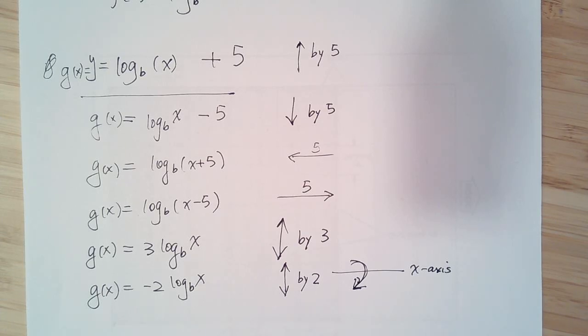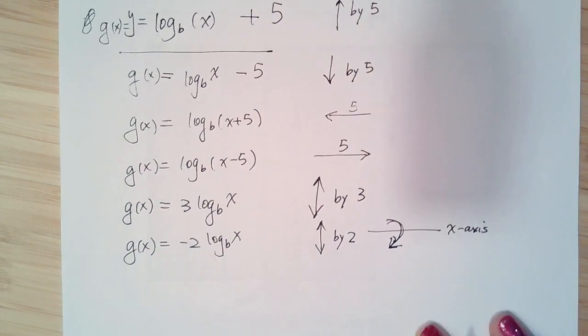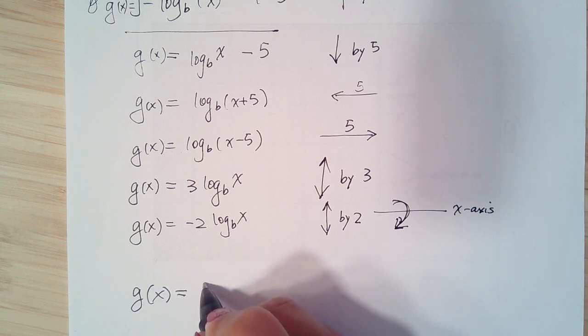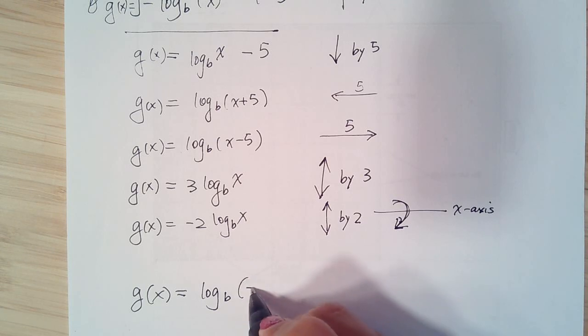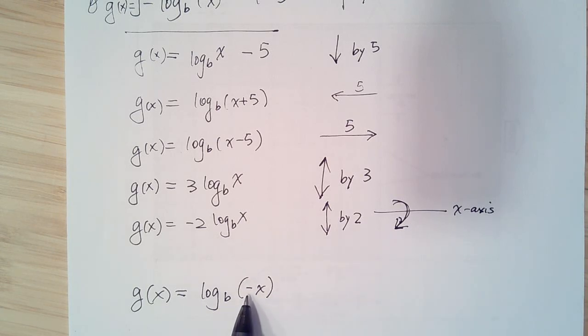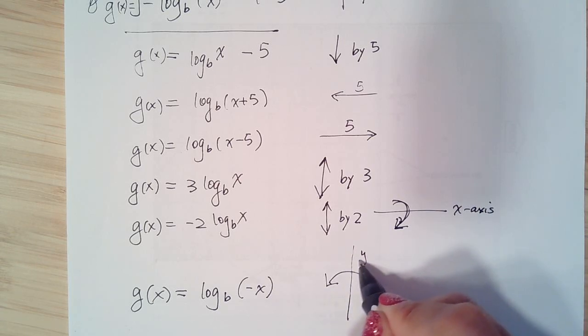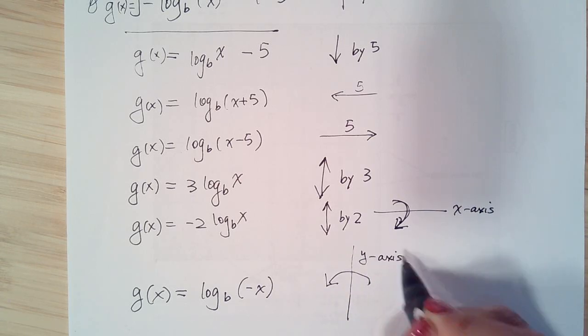Two more. g of x equals log base b of negative x. See, here is the negative x, so we're going to flip along the y-axis. From the parent function, we're going to flip it.